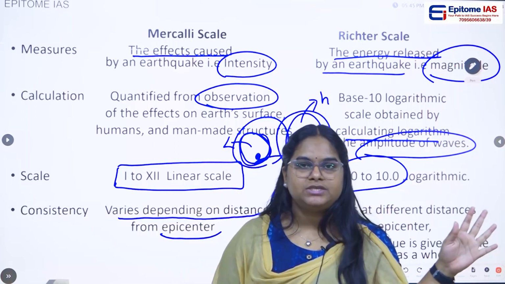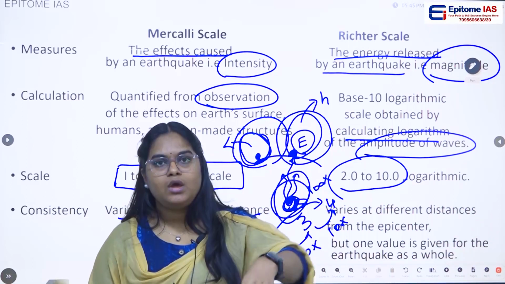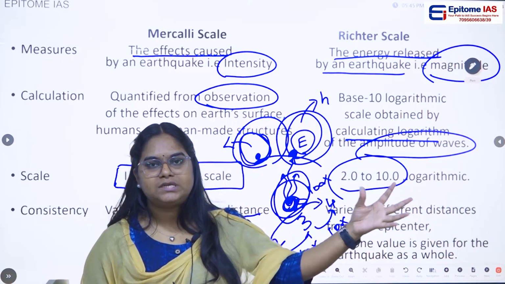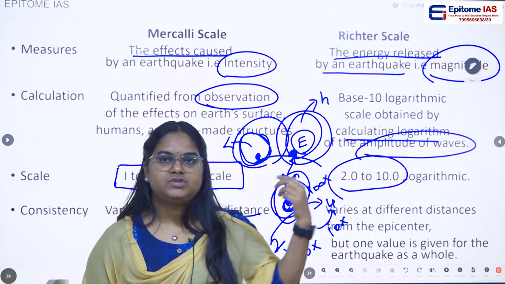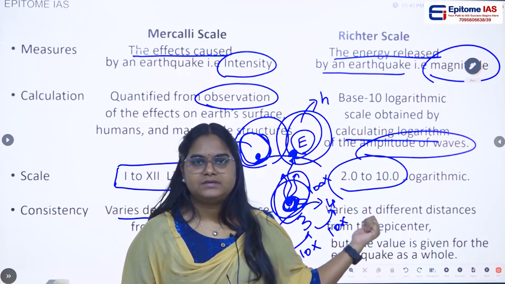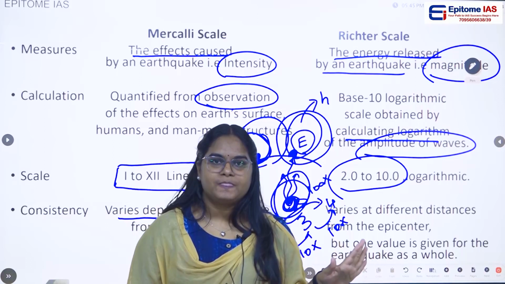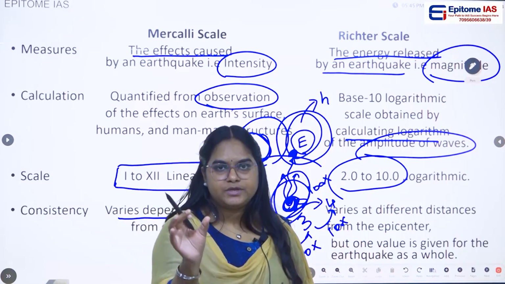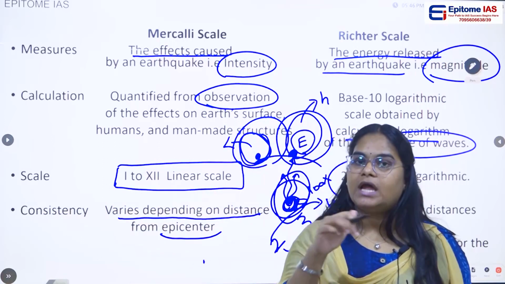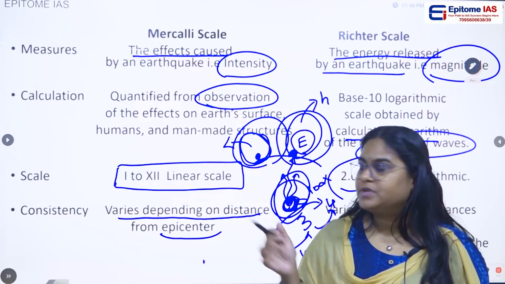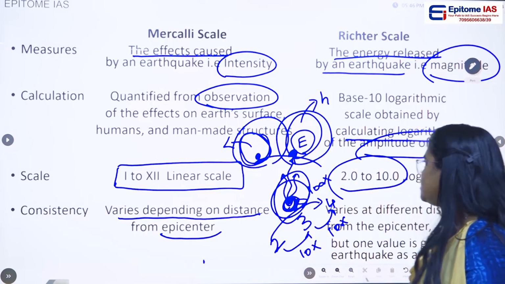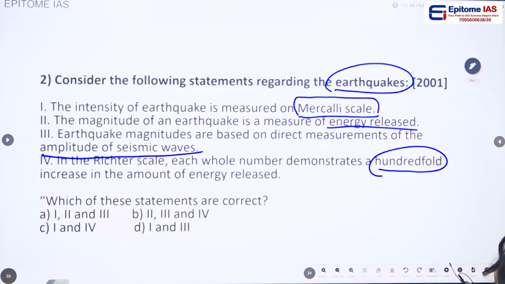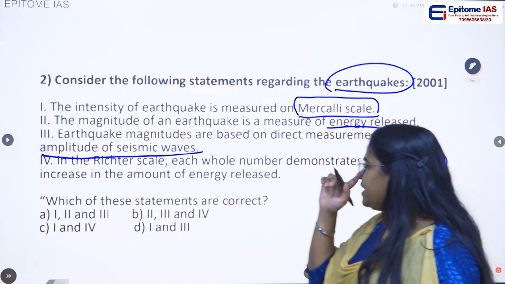So wherever the location may be, the epicenter or far away from the epicenter, the value calculated by the Richter scale is going to be the same. Wherever you go, it's going to be the same because it's calculated from the focus and not from the surface of the earth. So these are some of the major differences between the Richter scale and the Mercalli scale.